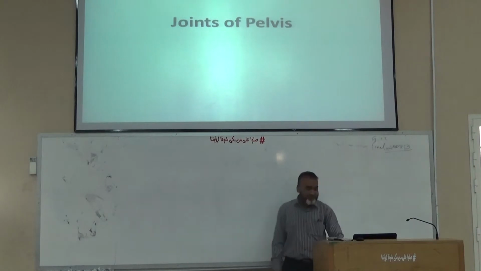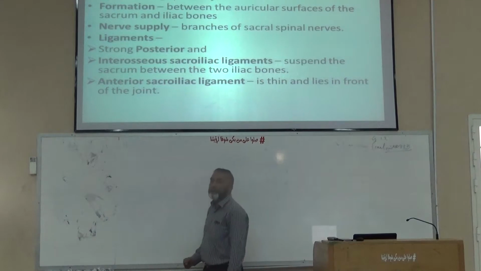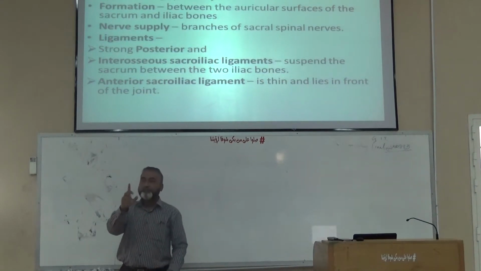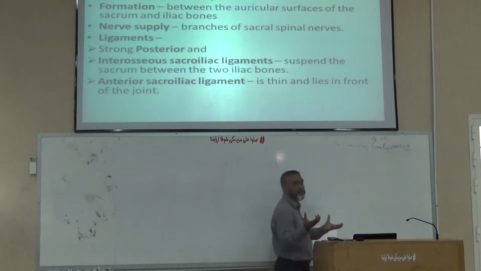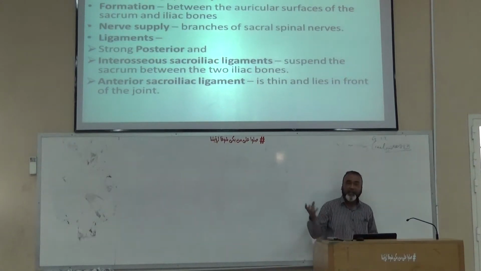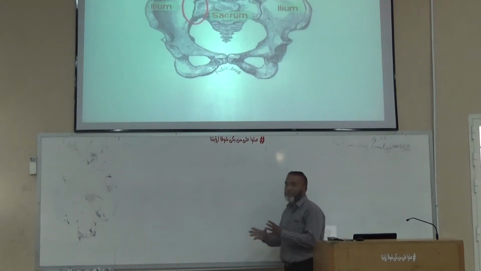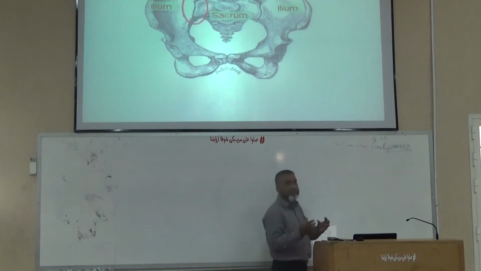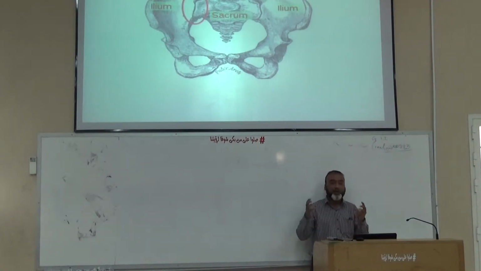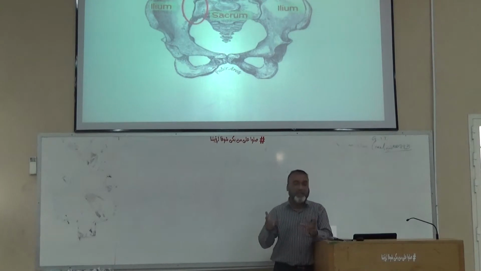So now we are starting with the joints of the pelvis, and the first and the larger joint within the pelvis is the sacroiliac joint. If you see here, this joint is formed on two sides of the sacrum, where we have the auricular surface over the sacrum as well as the articular surface on the iliac bone.